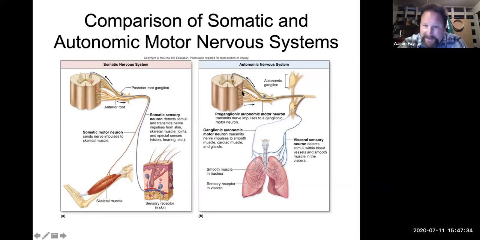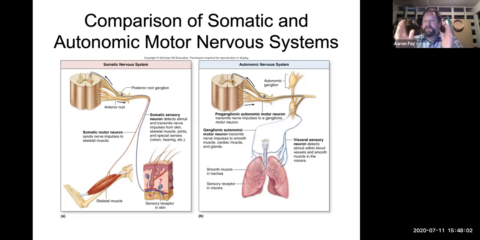Its axon leaves by the anterior root and then goes to a ganglion, a collection of cell bodies in the peripheral nervous system. Here, the preganglionic axon will synapse with the ganglionic neuron. The axon of the ganglionic neuron then leaves the ganglion. The postganglionic axon then goes and innervates the particular target organ.